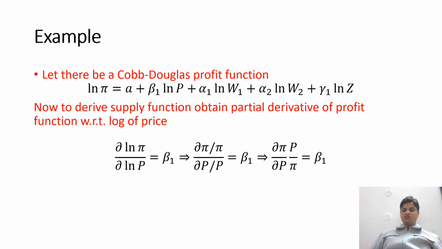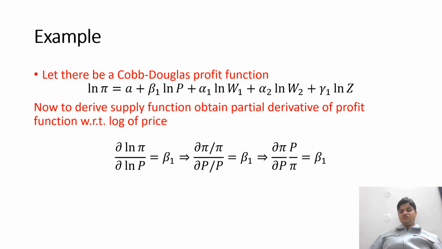Now you may again question why every time I am taking partial derivative. Because if there is more than one argument of the function, and you want to differentiate with only one variable by keeping others constant, then the total differential is not the relevant differential, because we are assuming the ceteris paribus condition.